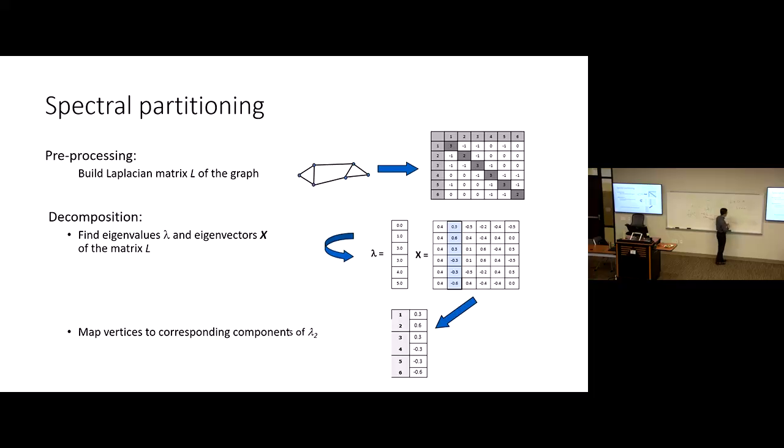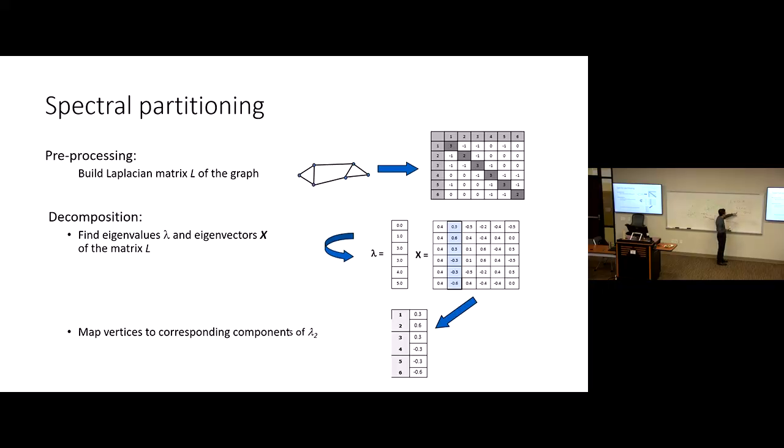Once you compute this, you can use the eigenfunction. Give L as input, and you will get V and lambda as output. That's in MATLAB. This is a very mature algorithm that has been polished over the years. Eigen decomposition takes a squared matrix and computes the eigenvectors and eigenvalues.